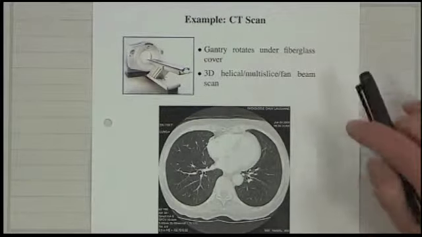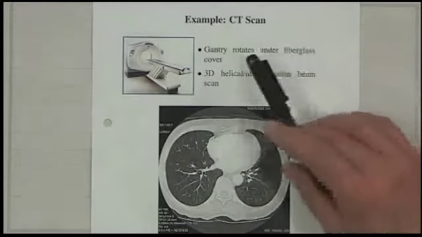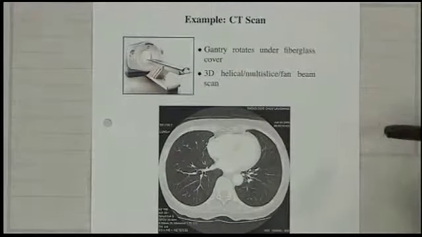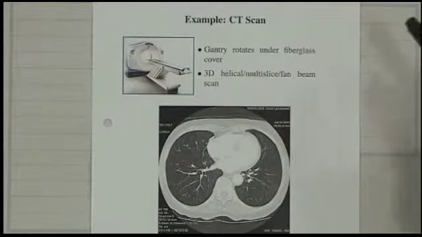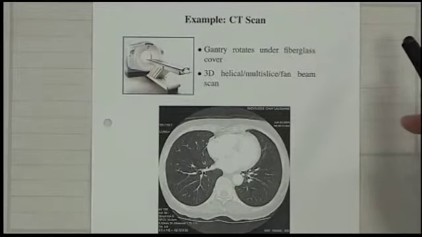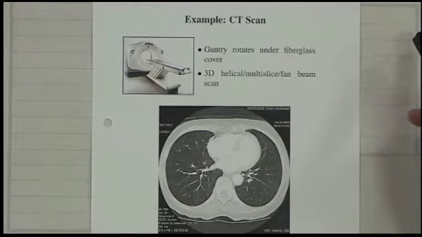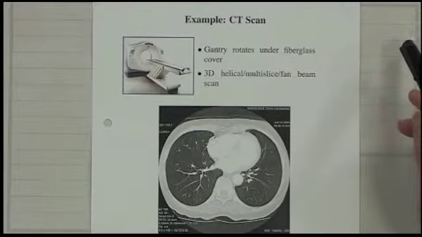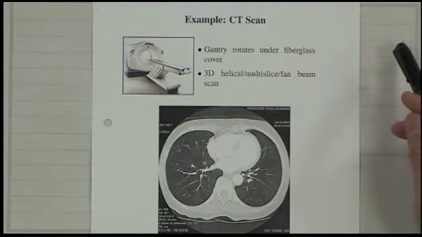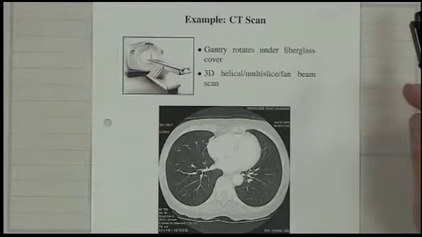There are many modalities that use tomography to reconstruct images, not just CT. CT is a specific one. There's another thing called PET, or positron emission tomography, and PET also uses tomographic reconstruction, but the imaging modality is quite different because the physics behind it is very different.